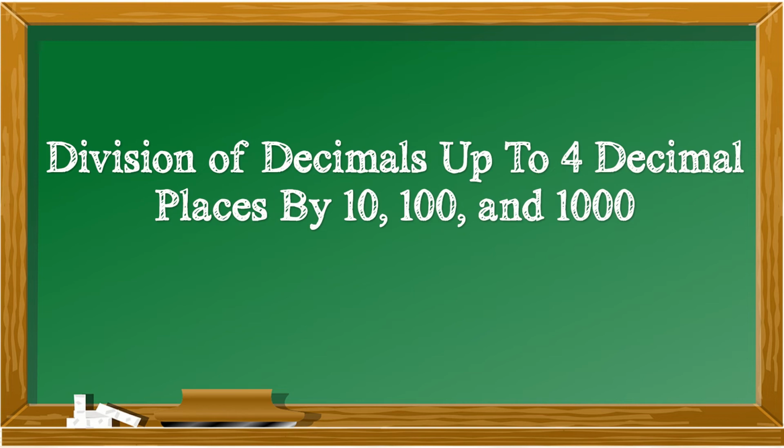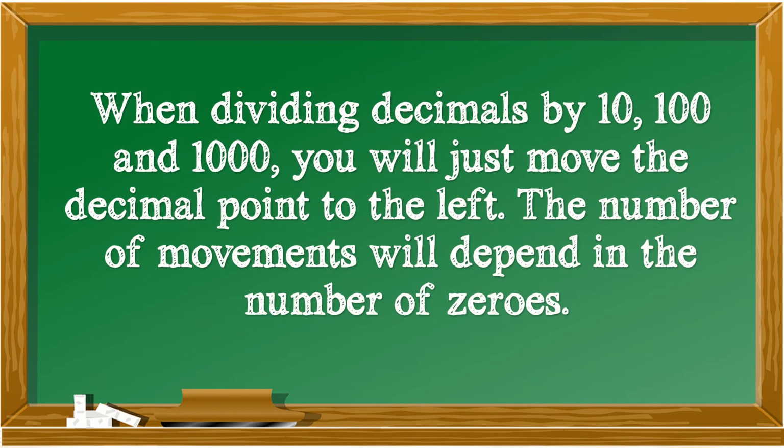Next, division of decimals up to 4 decimal places by 10, 100, and 1000. When dividing decimals by 10, 100, and 1000, you will just move the decimal point to the left. The number of movements will depend on the number of zeros.